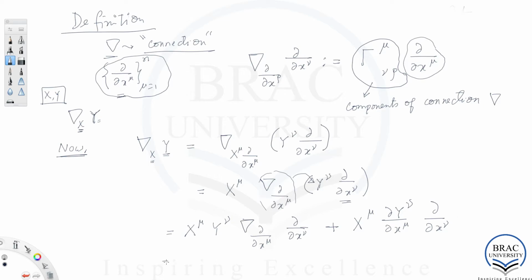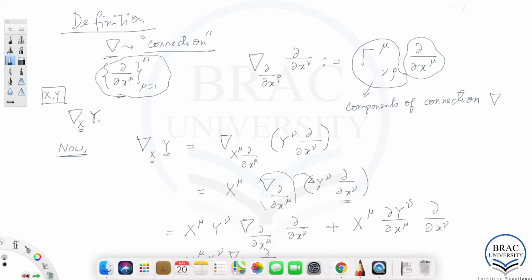Which is equal to, I leave it as it is here, x mu y mu nabla del by del x mu del by del x mu. Well, I think I have to change it a bit.